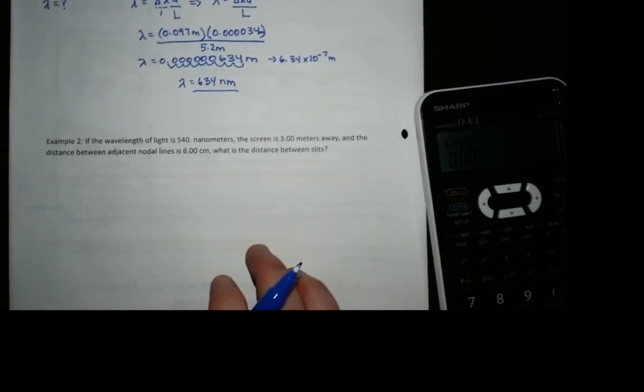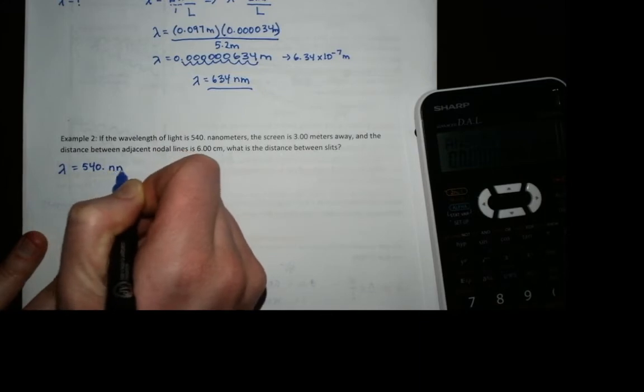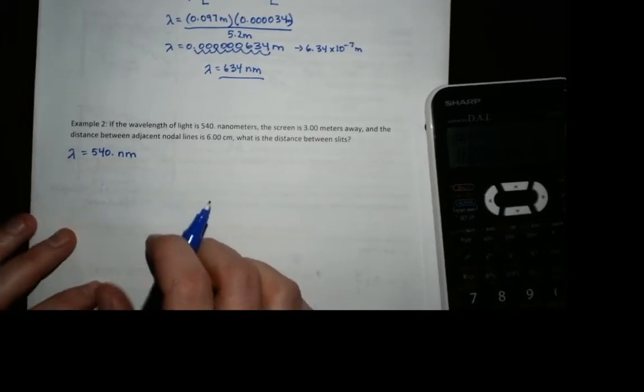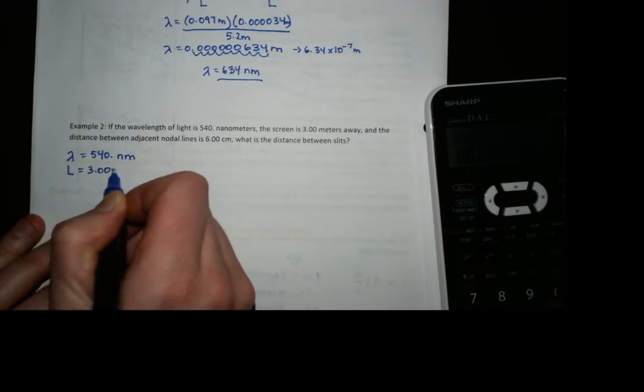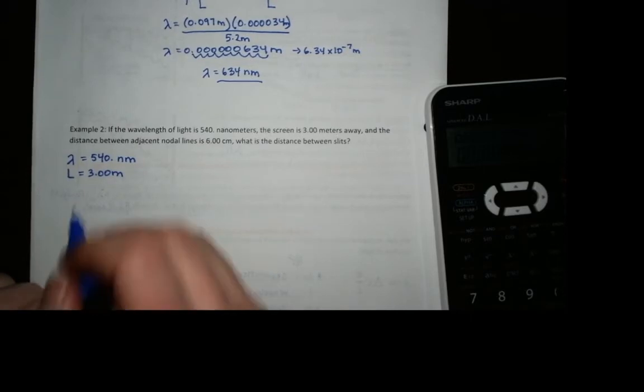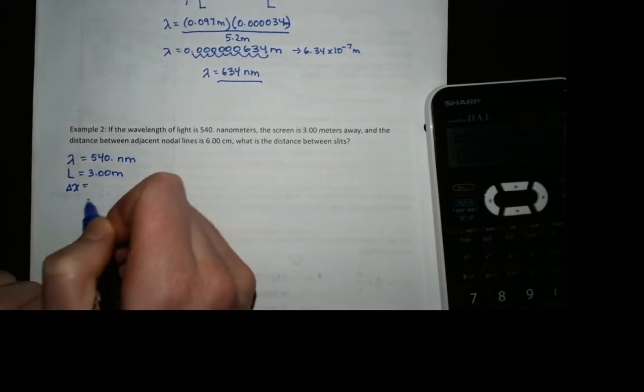Okay, example number 2. If the wavelength of light is 540 nanometers, we're going to have to rearrange our equation, and the screen is 3 meters away, so that is our L, and the distance between adjacent nodal lines is 6. So adjacent nodal lines, those are your bright and dark spots, so that will be delta x.